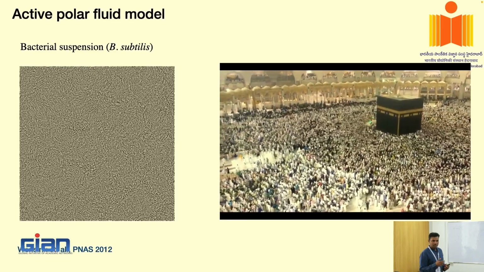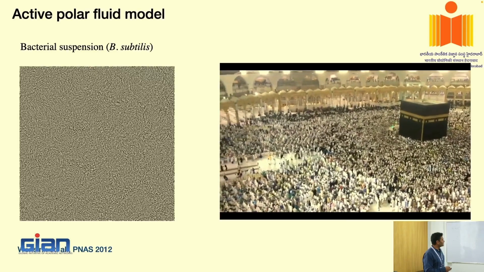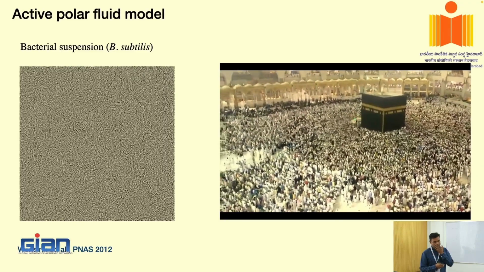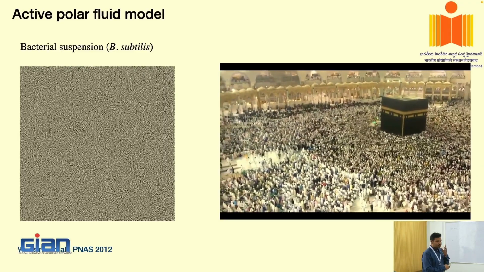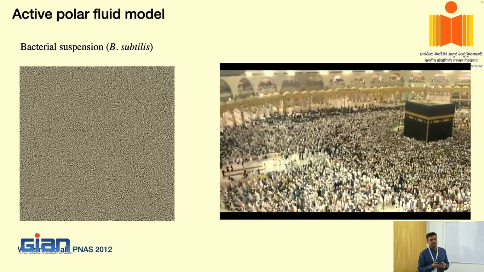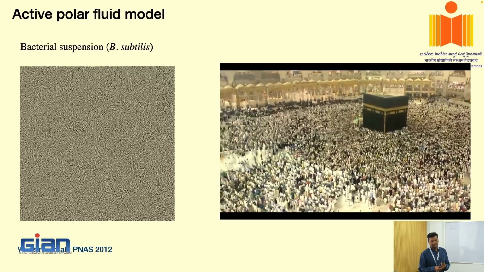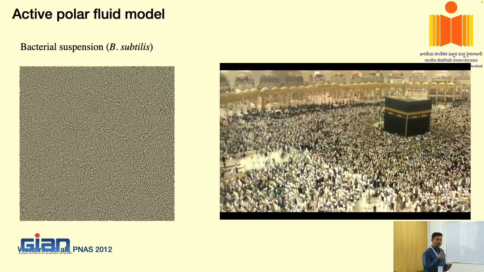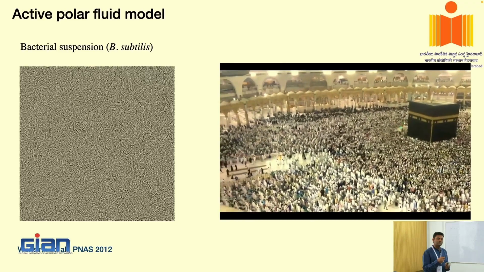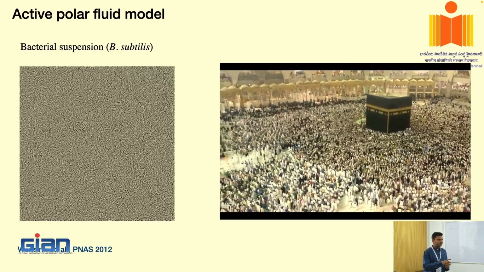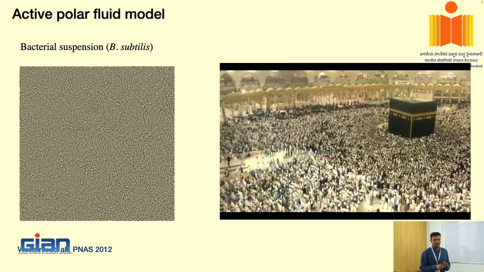If you think about it in terms of structure, here you can see that the moving objects are of the order of the system size itself, right? Whereas in these cases, the objects which are moving are of scales smaller than the system size. Okay, so if you recall, you had seen a similar thing when you had sperms, right? You could see that the structure which was forming was much smaller than the system size.